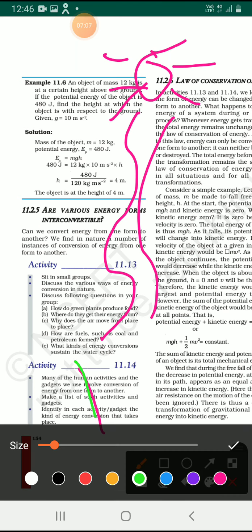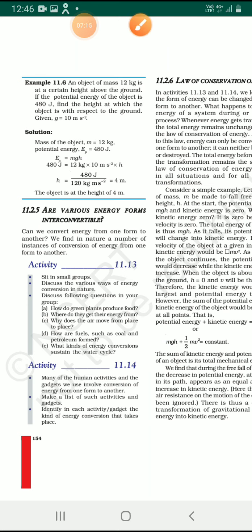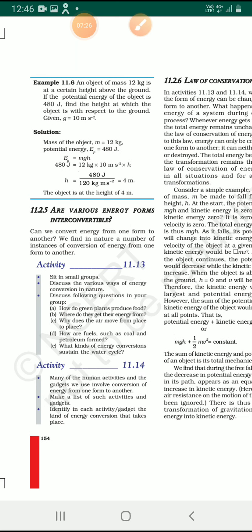These plants absorb the sun's energy and grow up. So here the solar energy is converted into food for the plants. Next, where do they get their energy from? Mainly from the sun.